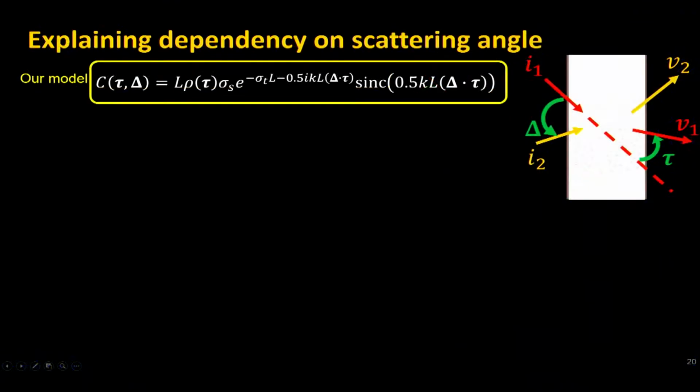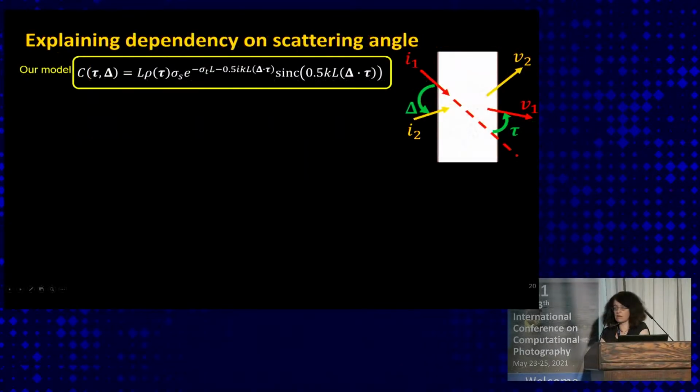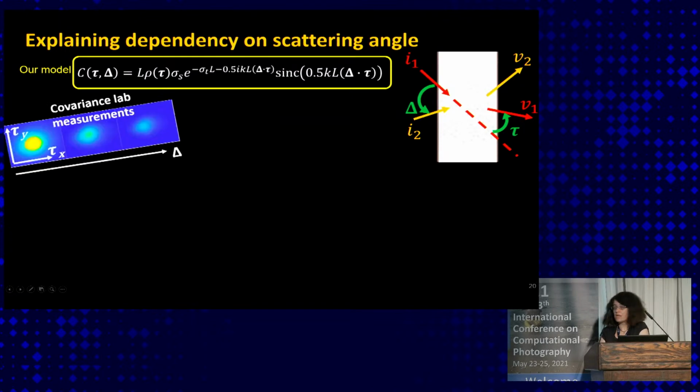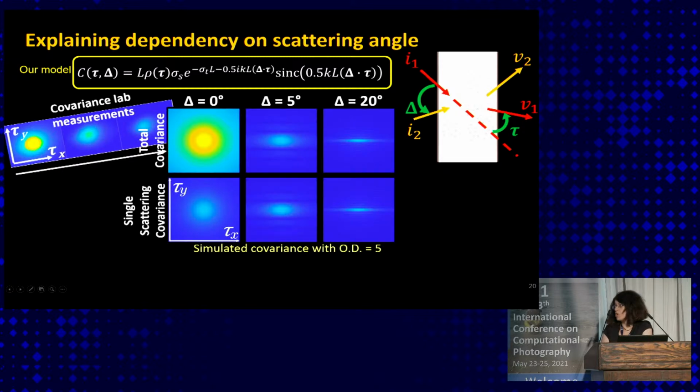Both the diffusion model and other prior analytical models have considered only the dependency on the angle delta. But we've seen in our lab measurements that the covariance also depends on the scattering angle tau. And this model is the only model that we are aware of that can predict this dependency.